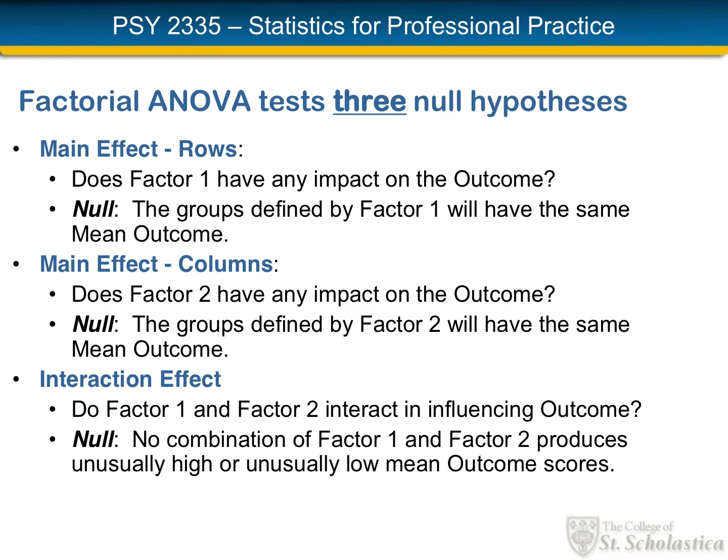In this situation, do the groups defined by factor 1, getting the control or the growth mindset intervention, have any impact on the ultimate mindset in the group? Similarly, I look at the columns. This would be the groups defined by factor 2, or our age groups, and then finally the interaction effect. So I will be doing all 3 of these f-tests within one set of analyses.